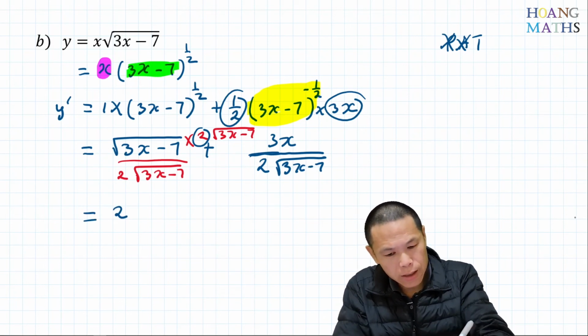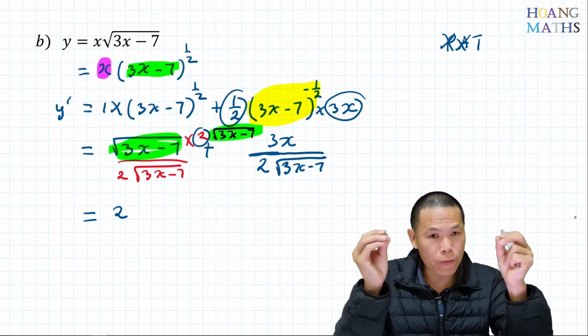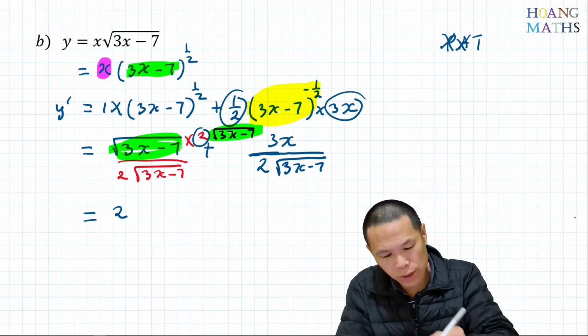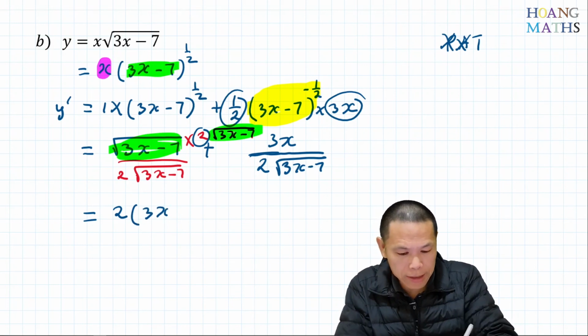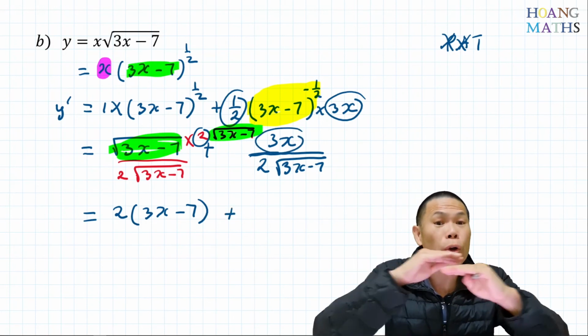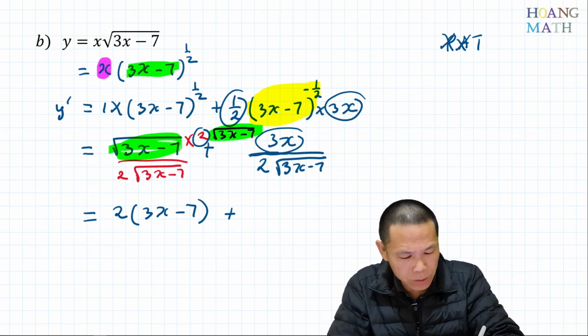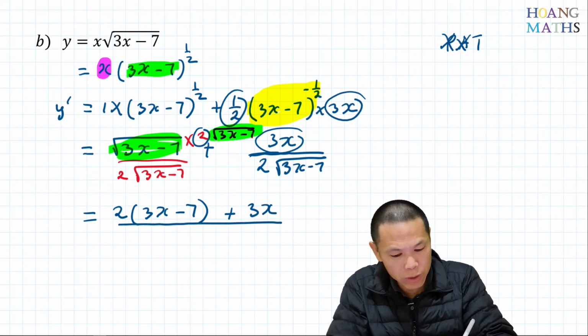And then we have this times by itself: square root of x times square root of x is x, so the square root disappears, becomes 1 if you like. So write bracket 3x minus 7. And then we add this one. I'm just going to write it all in one fraction, okay? So plus 3x, because the common denominator is the same now.